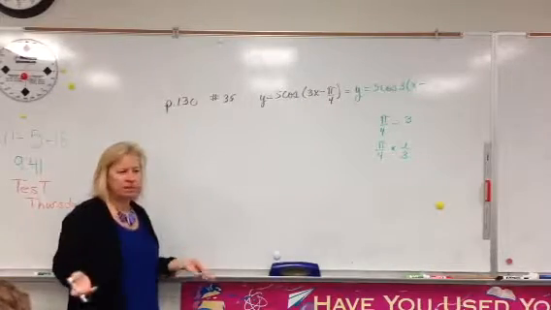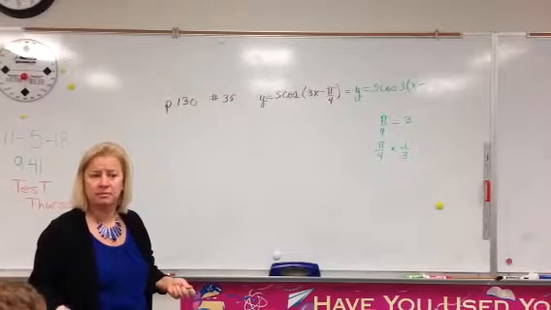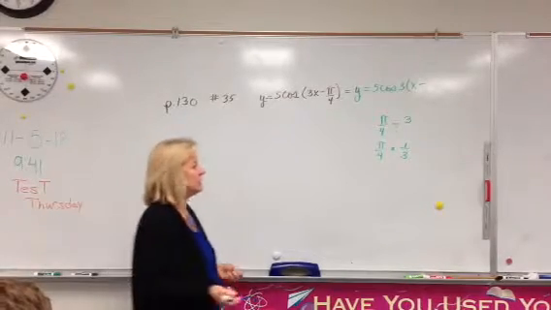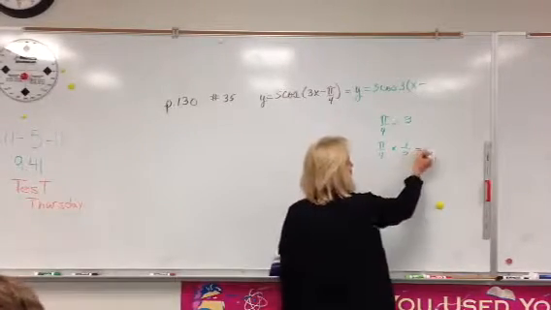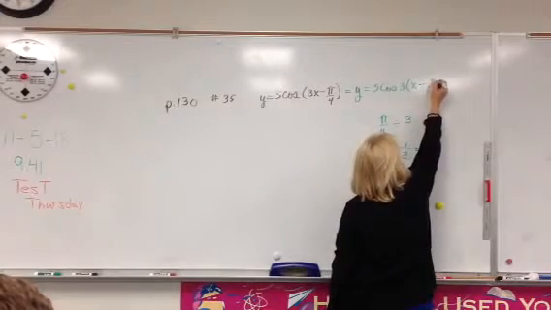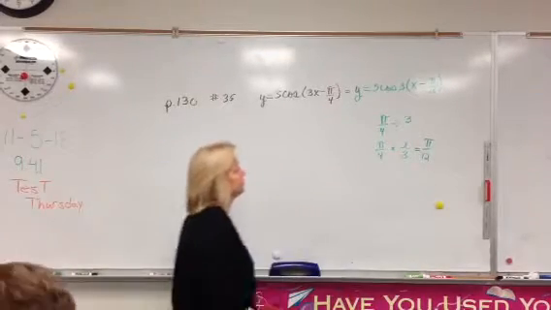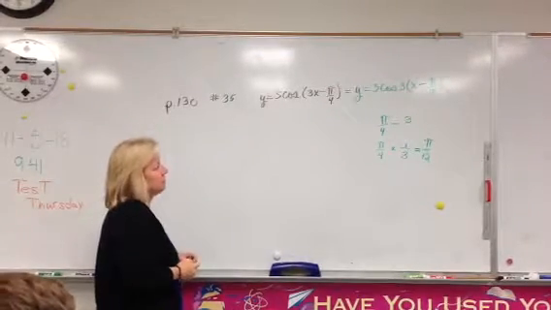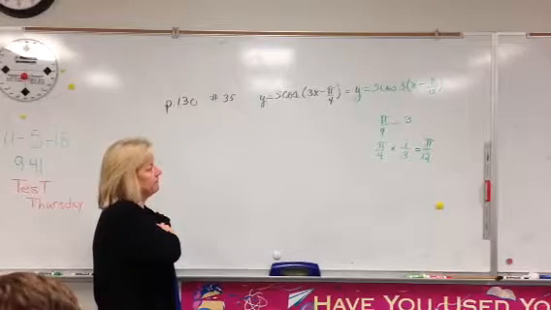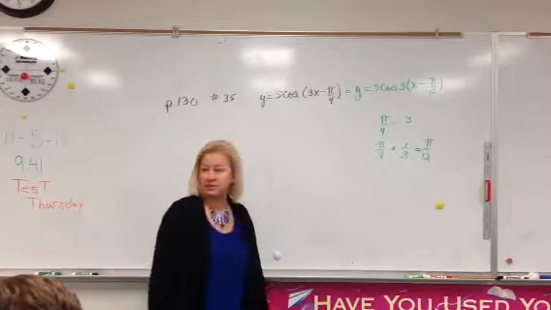Isn't multiplying by 1/3 the same thing as dividing by 3? Okay, so it ends up being pi over 12 inside the parentheses. Any questions on that step?